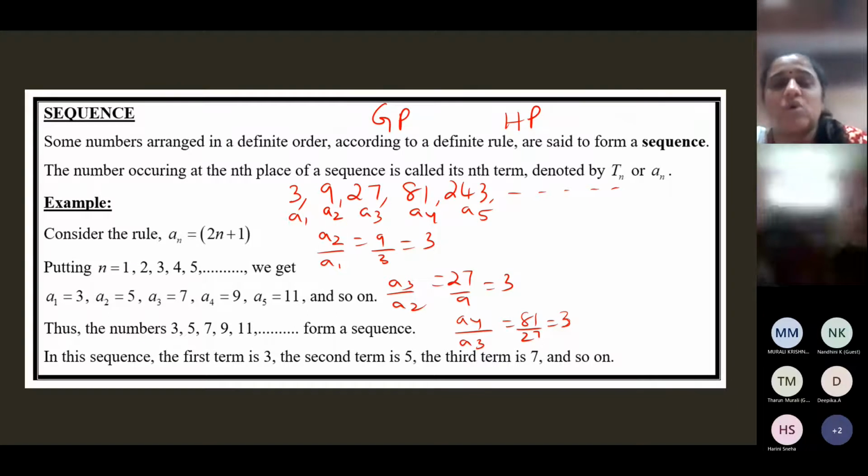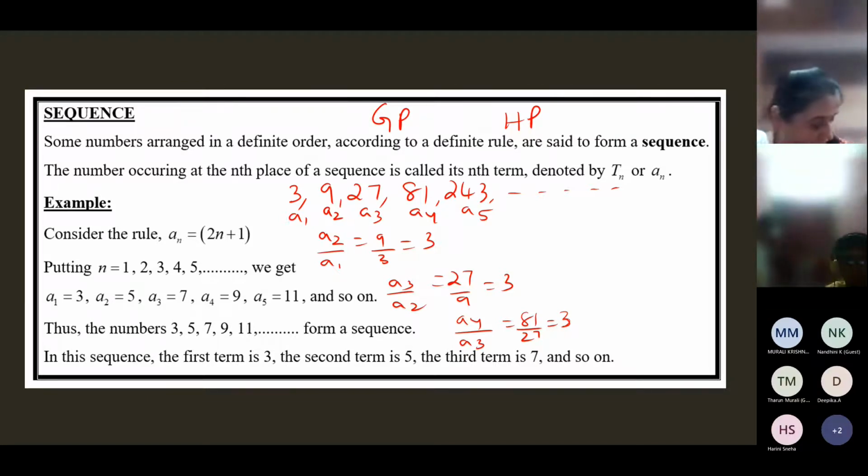If the ratio is a constant, if A2 by A1 is the same as A3 by A2, is the same as A4 by A3, is the same as A5 by A4, is the same as A6 by A5, and so on, the ratio is a common ratio, and the sequence is said to be in geometric progression.